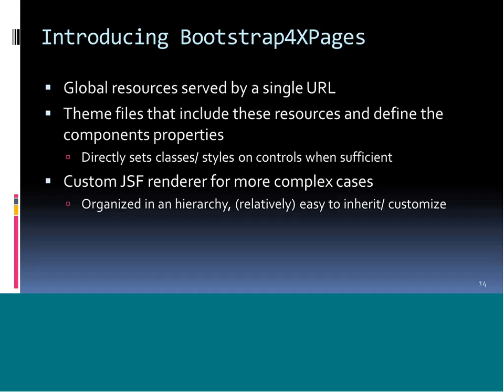If it's sufficient, the plugin only sets the classes or styles on controls. So, for example, a button in Bootstrap requires a specific class called btn. And for buttons, the only thing that the Bootstrap4XPages plugin does is changing the class from lotusFormButton to btn. And that's all that's needed to give a button a Bootstrap look and feel.